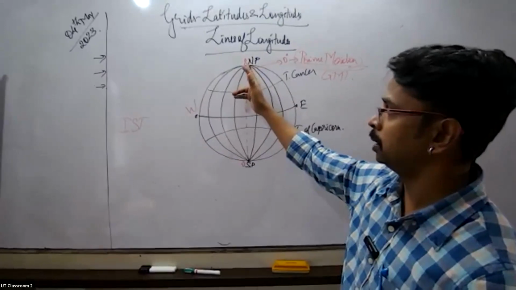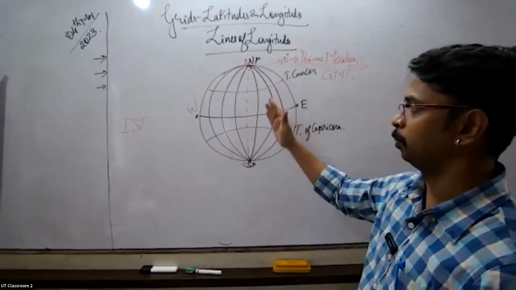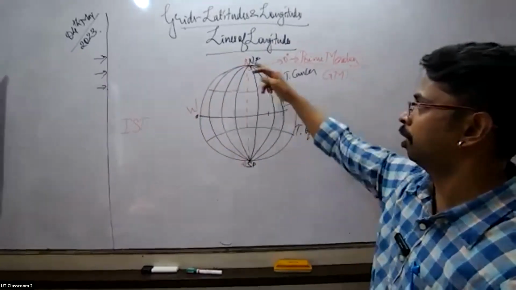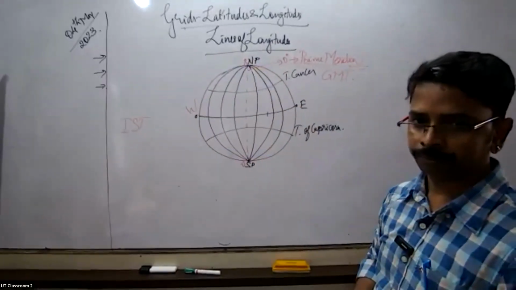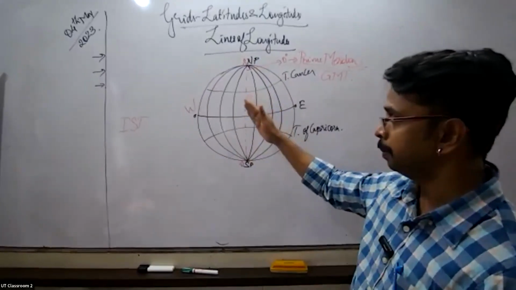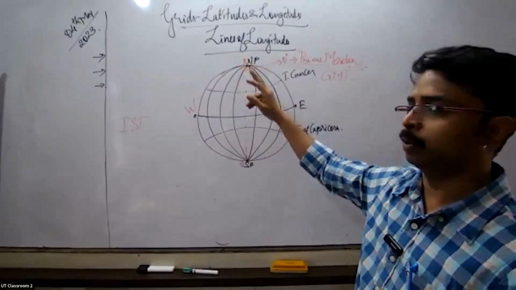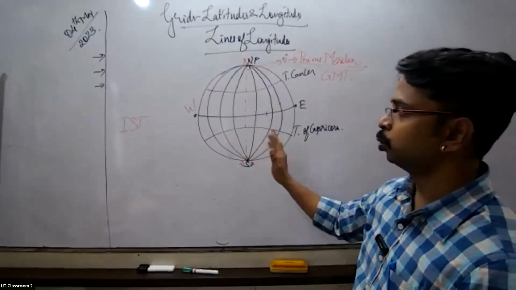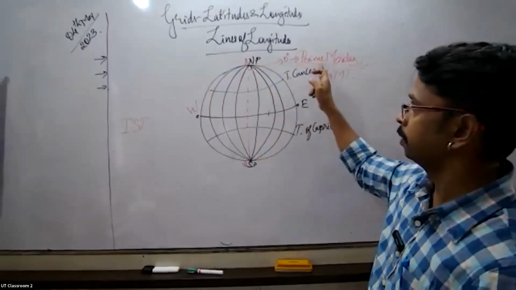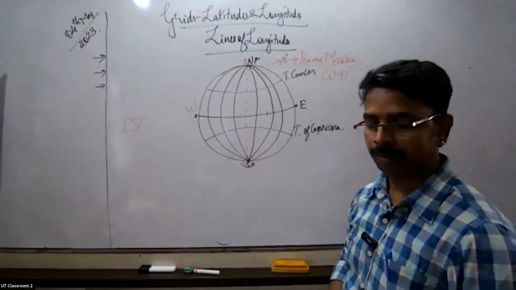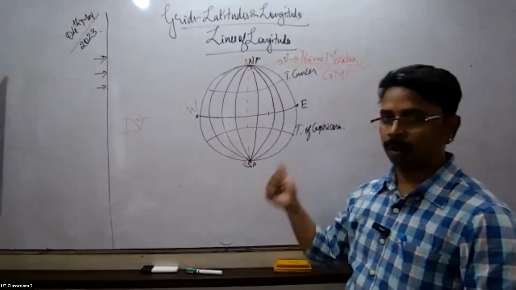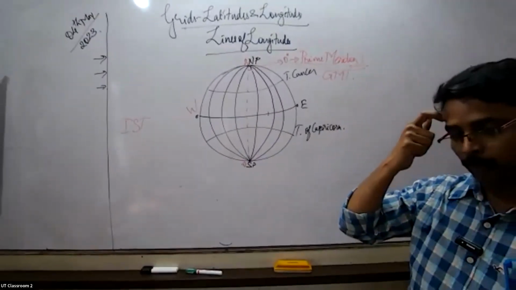How do I say longitude? Lines which are originating from north and south pole towards the west and east of the prime meridian. Are you understanding how we are changing equator and longitude? Imaginary lines originating from north and south pole towards the west and east of the prime meridian. What is this line called?